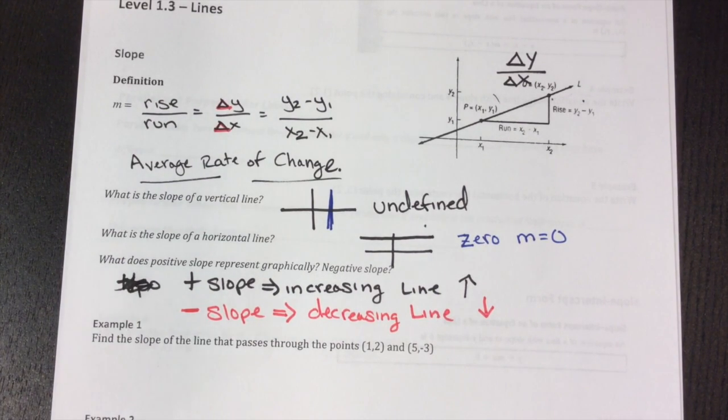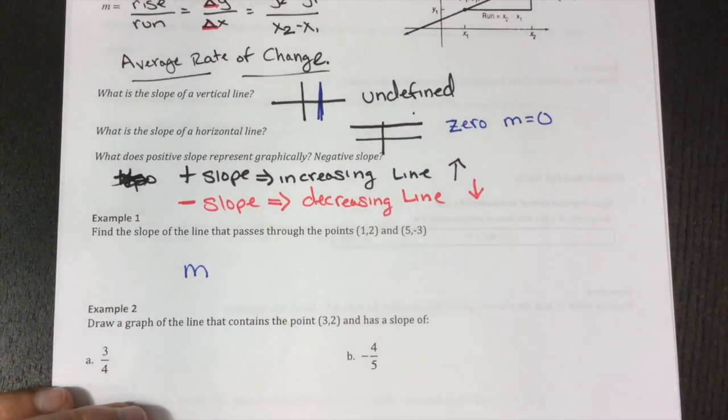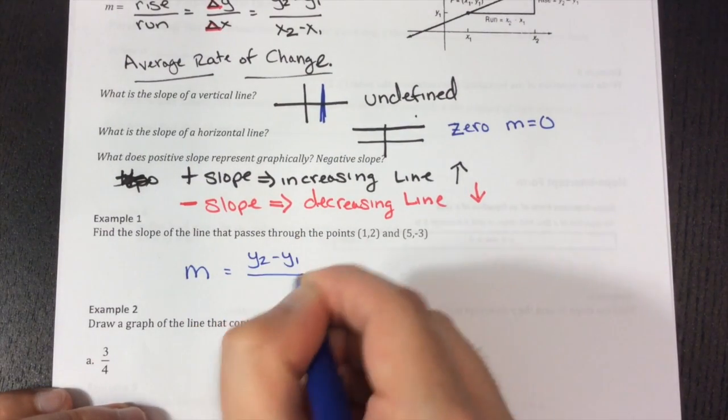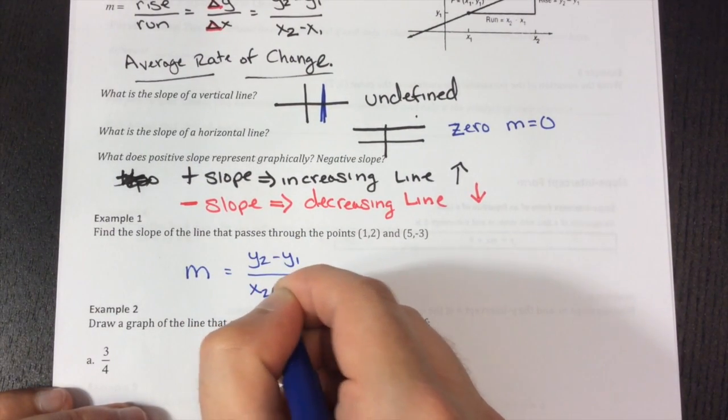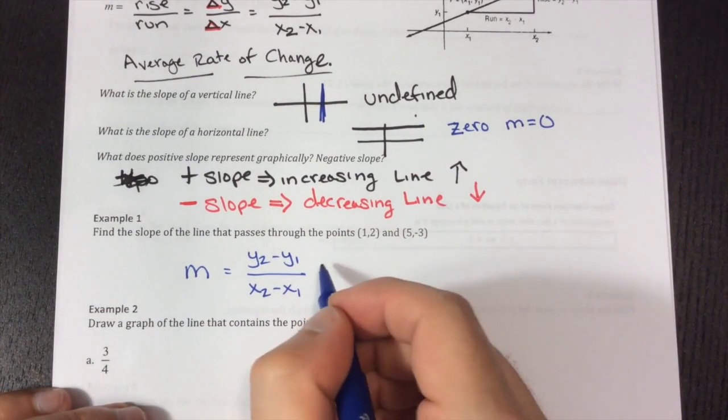So, based off of this, let's try a couple of these out. Find the slope of the line that passes through the points (1, 2) and (5, -3). So, to find slope, if you've forgotten this formula, I'd write it the first couple times just so you don't make any mistakes. Difference in the y's over the difference in the x's.